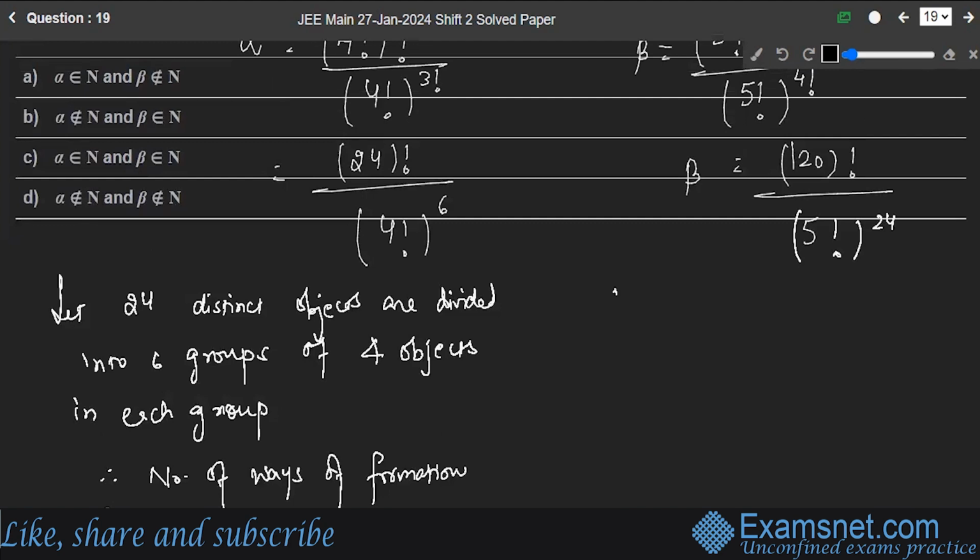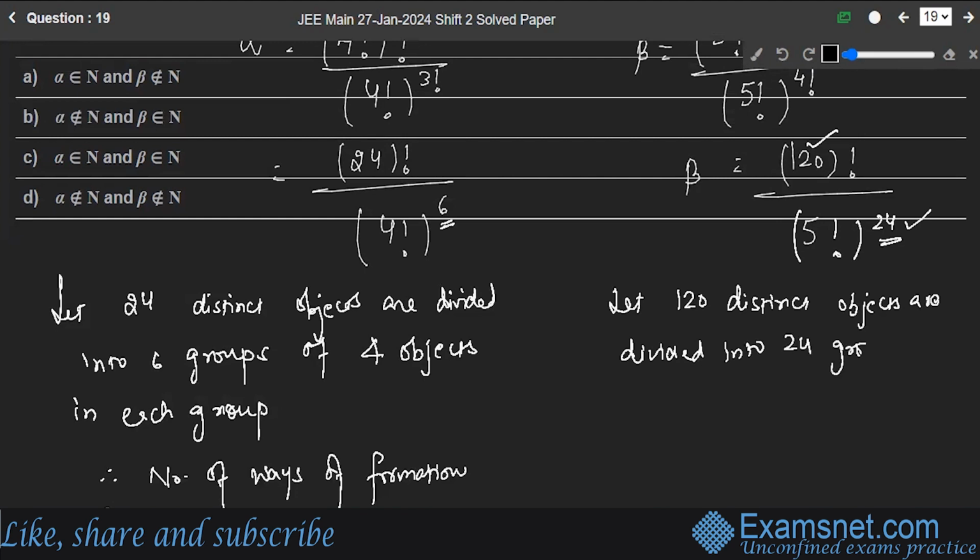Similarly, let's look over here. Let 120 distinct objects are divided into, see here was 6 groups, here is 24 groups, of 5 objects in each.